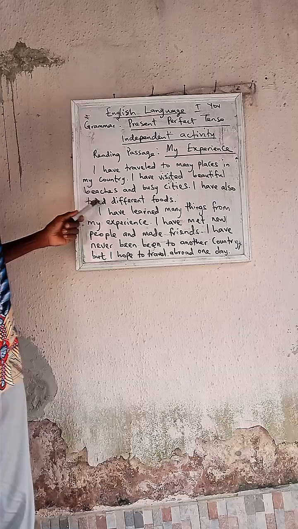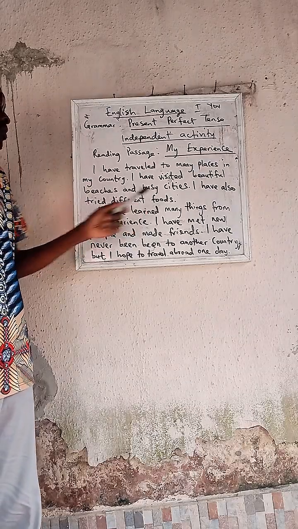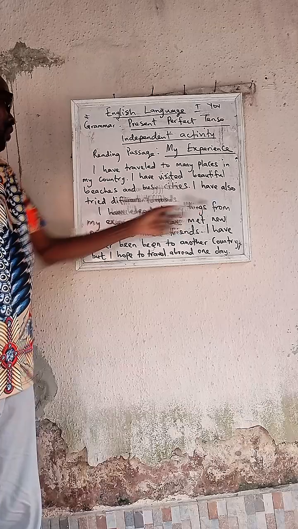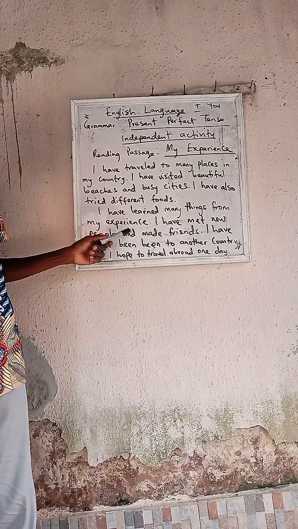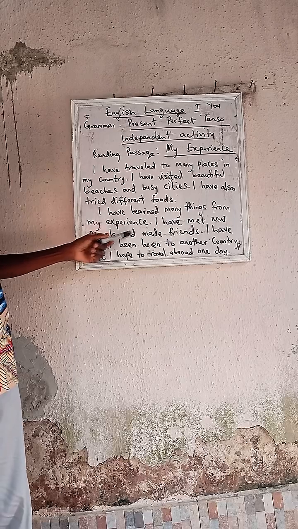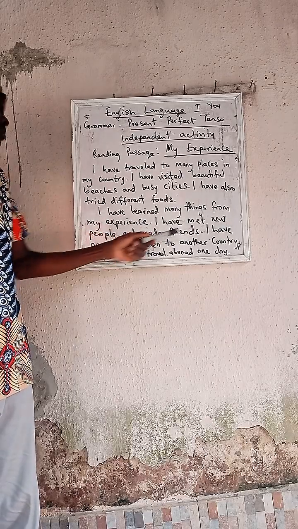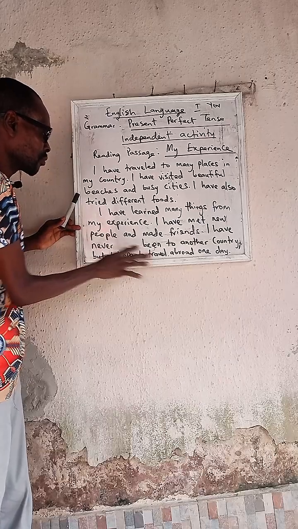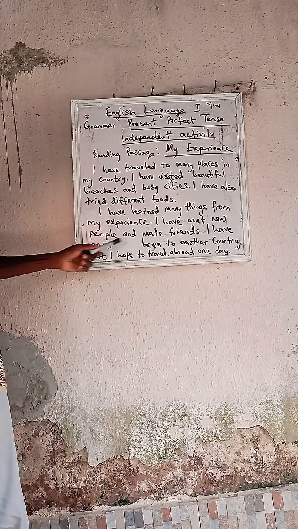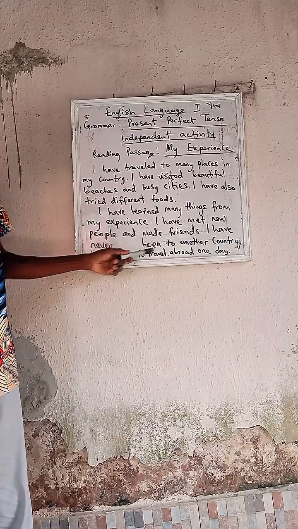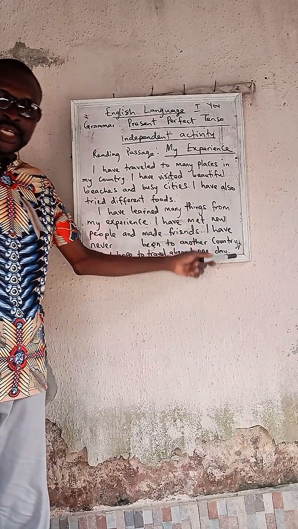I have also tried different foods. I have learned many things from my experience. I have met new people and made friends. I have never been to another country, but I hope to travel abroad one day.